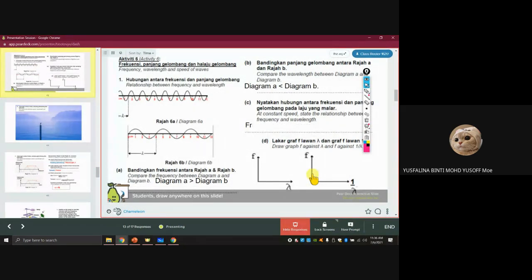But remember, for the graph, the only answers accepted are inversely proportional, directly proportional, or increasing linearly. Don't put the higher the x, the higher the y, cannot. That one is only for hypothesis, for experiment. So, teacher, for this question we write like higher, lower? Yeah, the higher, the lower.